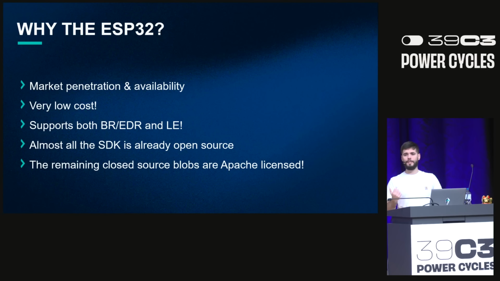On top of that, it is a good starting point for us, because the SDK is already quite open source. There are still some closed source blobs that are Apache licensed. That's also a nice feature, in the sense that the license allows us to reverse engineer and publish work derived from that reverse engineering.